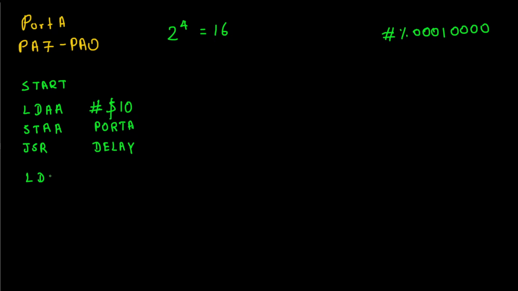If it's PA5, you put 2 to the power 5 and so on. So here this is LDAA, and then we load 0, and then STAA, store accumulator A, port A, and JSR, jump to subroutine delay, and BRA, that is branch always to start.